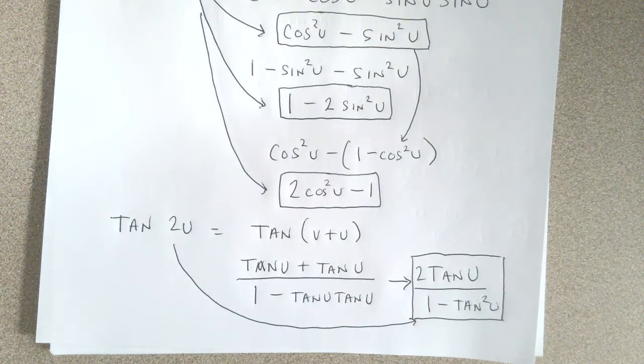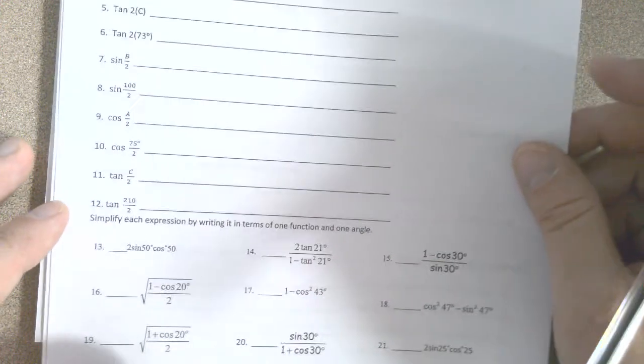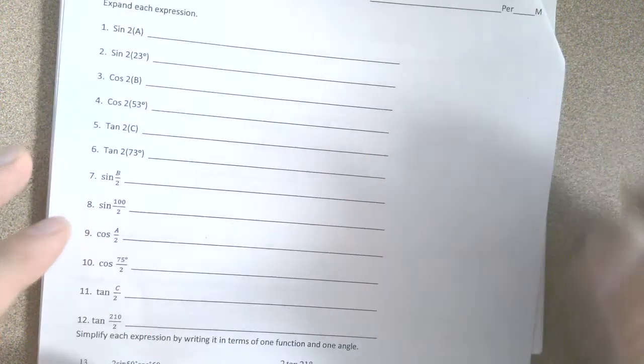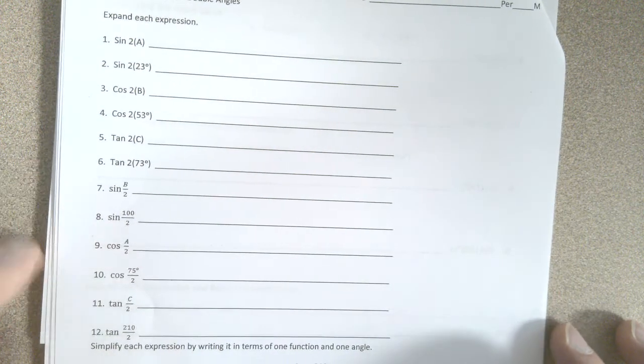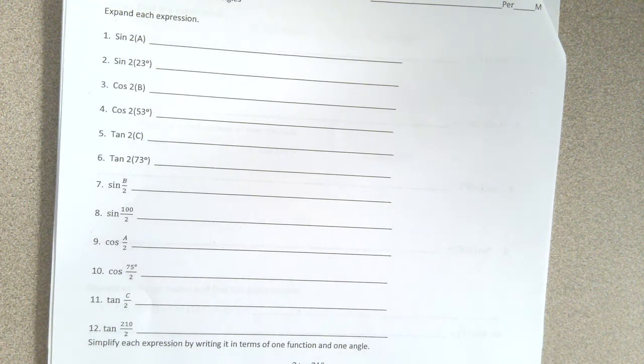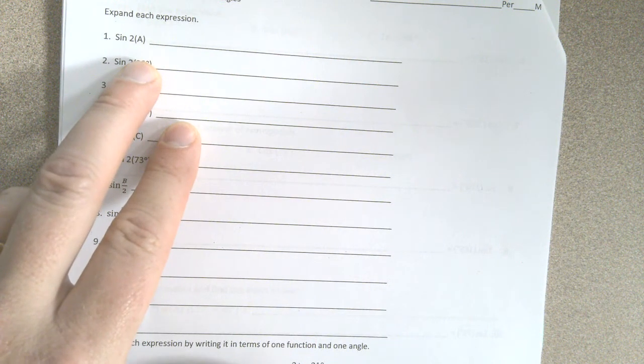I do want to go through just a few example problems from your practice tonight. I'm just going to pick a few so you understand what you're doing with this. If you turn to that page, the 1 through 27 in your packets, just so you understand how you're using these double angle formulas. Number one says sine of 2a, and it says expand each expression.